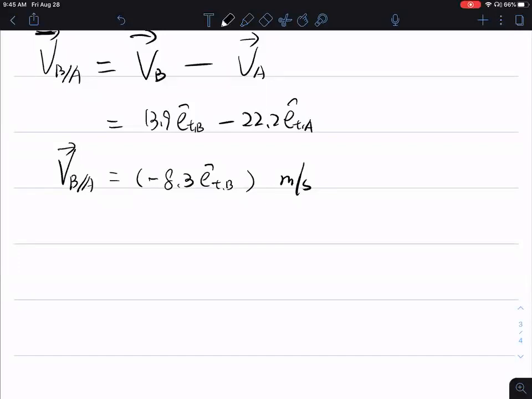Okay, now let's look at acceleration, AB/A. AB/A equals AB comes first and A is second.